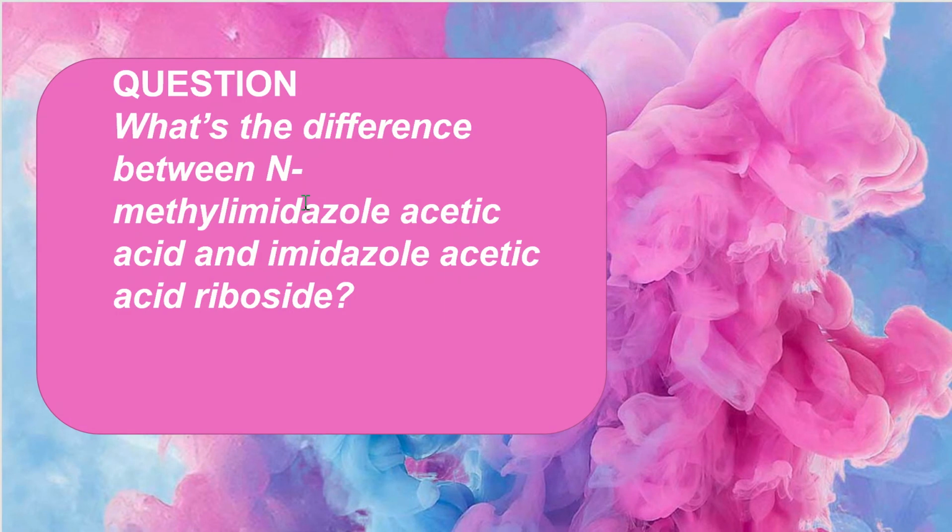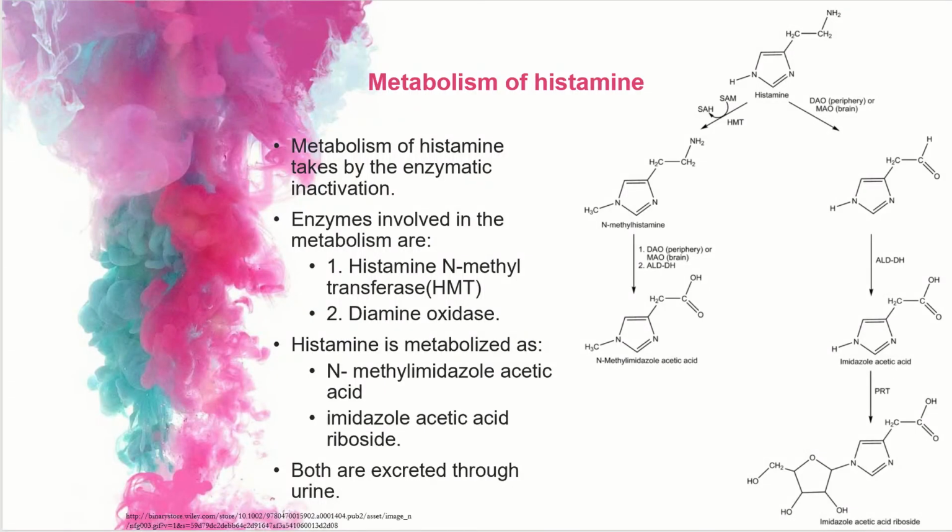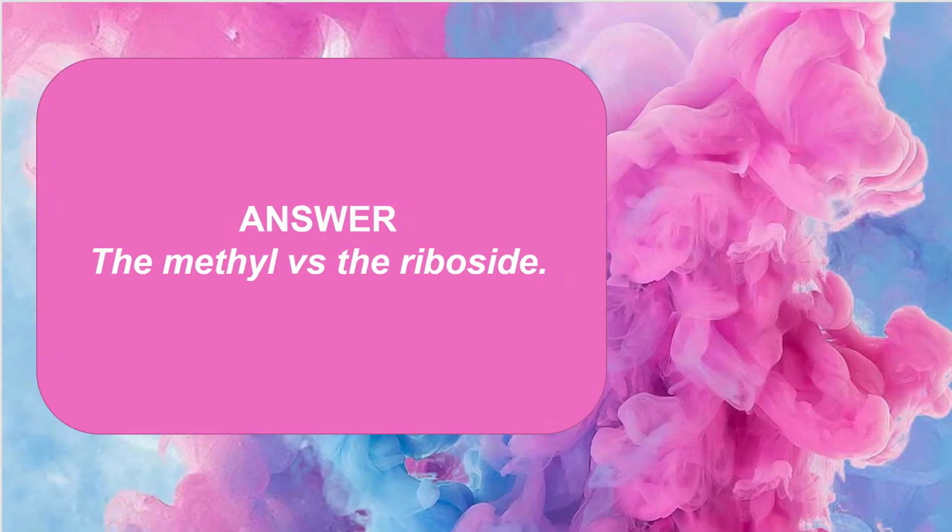For both of them, we have imidazole acetic acid, and the only difference is that we have riboside in one and methyl on the other. Of course, it'd be nice to look at the structures again, right? So one has a methyl, one has riboside, and that is the difference between both. So that's the answer, methyl versus the riboside.